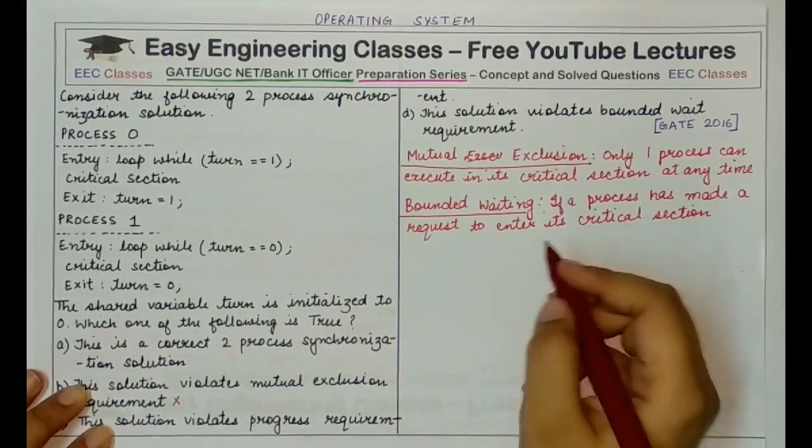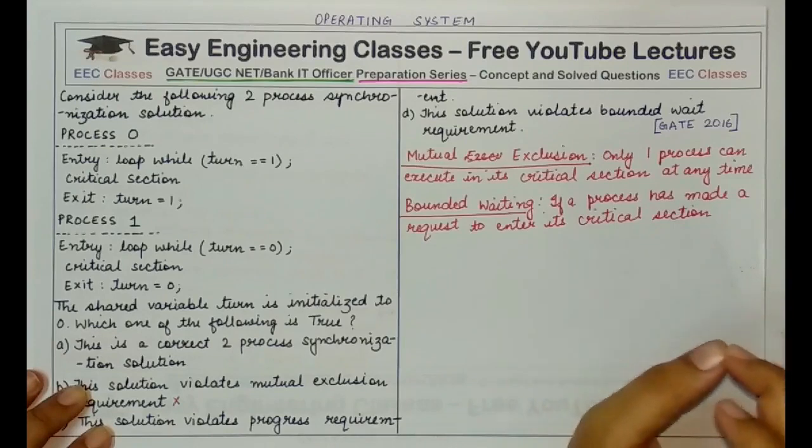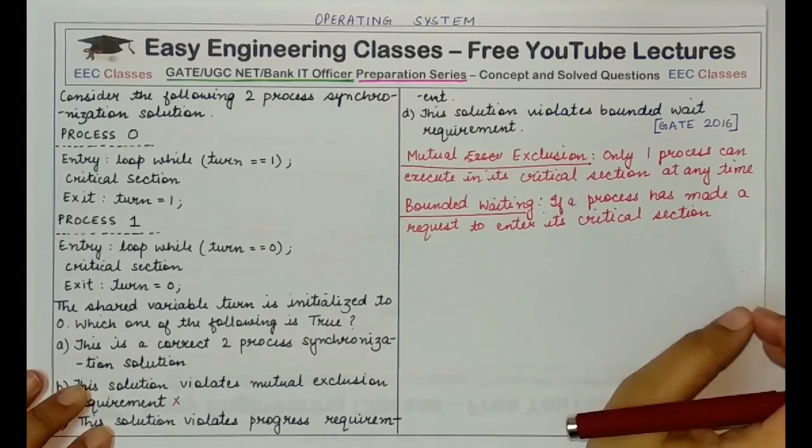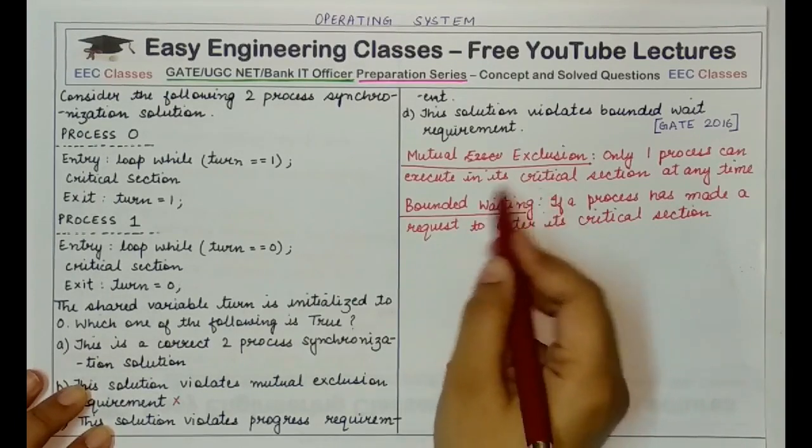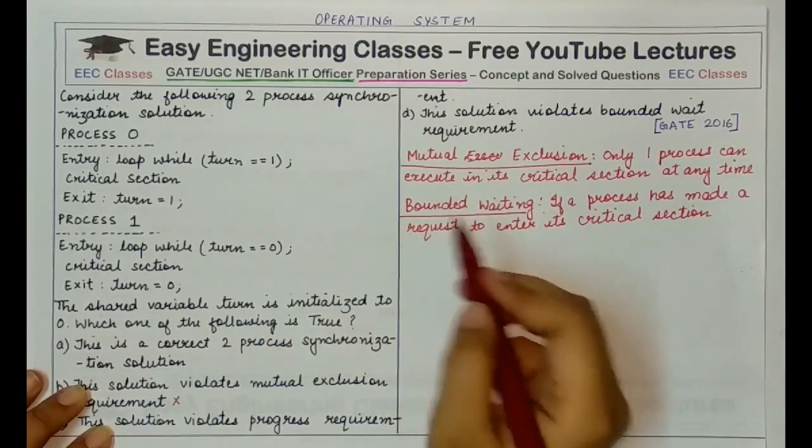Okay, so it basically means that a process requesting access to its critical section will not wait infinitely. It would wait and there would be a limit or a bound on its waiting.